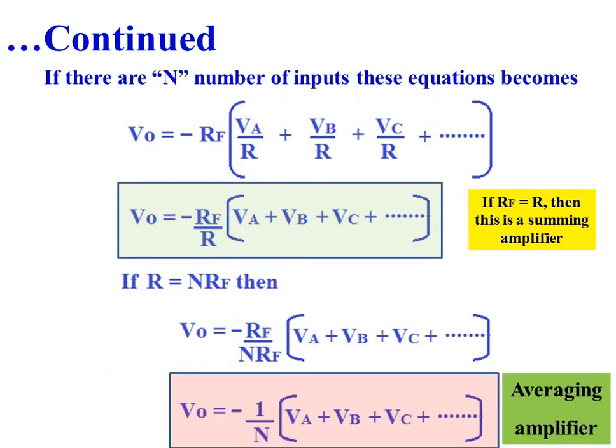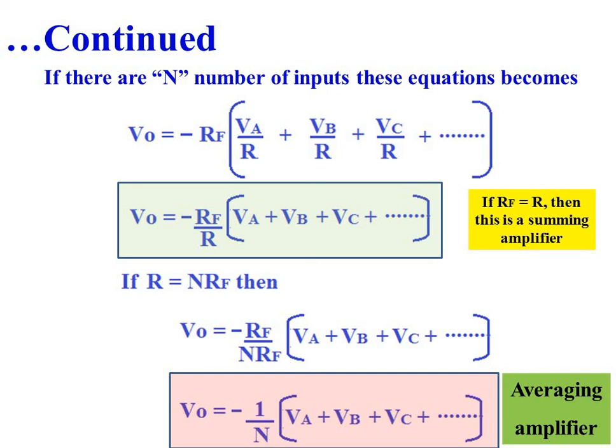If there are n number of inputs, then the equation becomes V0 is equal to minus Rf into (VA by Ra plus VB by RB plus VC by RC plus etc.). If Ra is equal to RB is equal to RC is equal to RD is equal to etc. is equal to R, then the equation becomes V0 is equal to minus Rf by R into (VA plus VB plus VC plus VD plus etc.).